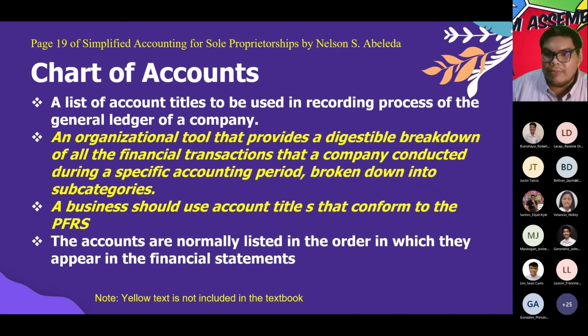Chart of accounts. Can someone tell me what is a chart of accounts? Sige, tawagin naman natin si Cruz. Kanina hindi ko natawag eh.